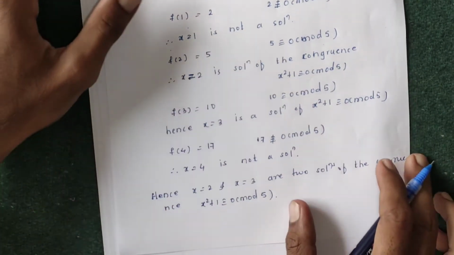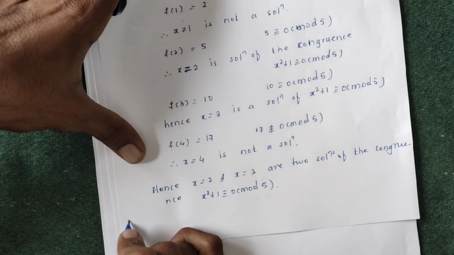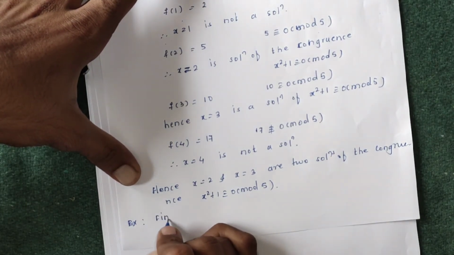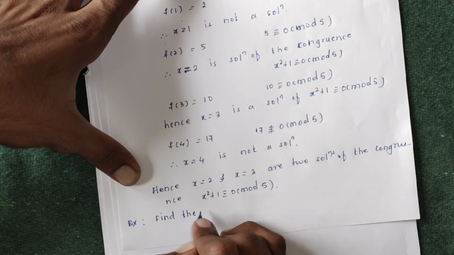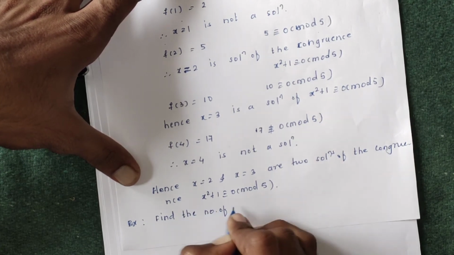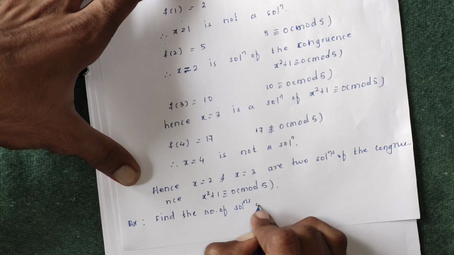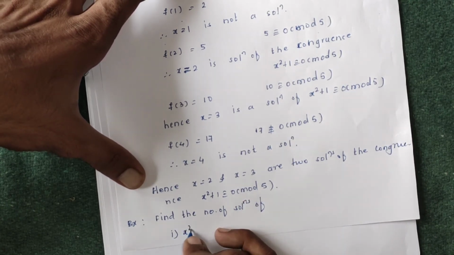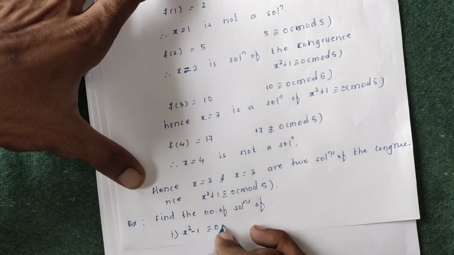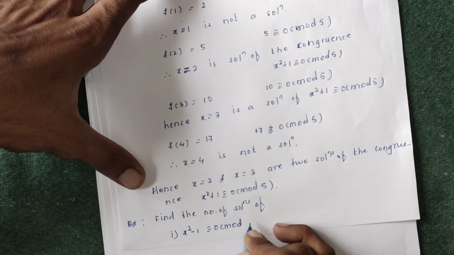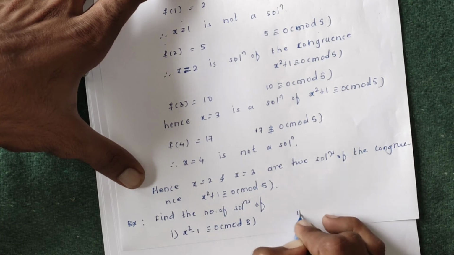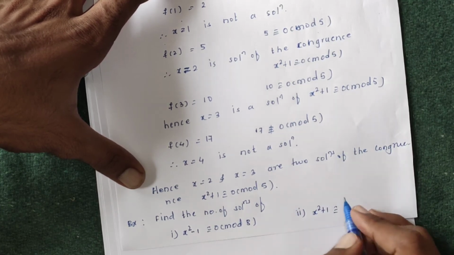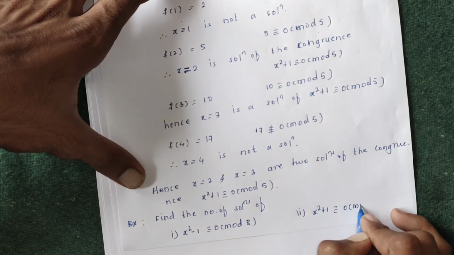Now the next example is for your homework. Find the number of solutions of the first congruence, x square minus 1 is congruent to 0 modulo 8, and the second one, x square plus 1 is congruent to 0 modulo 7.